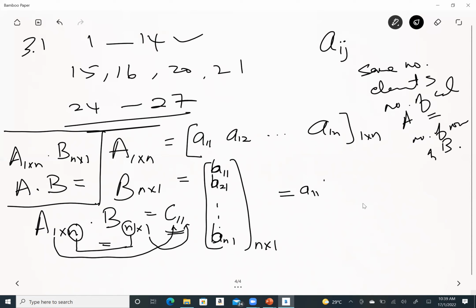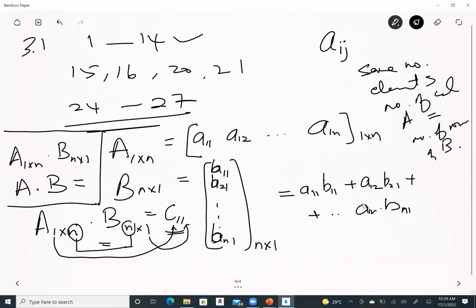So A11 multiplied by B11, plus A12 B21, and so on, plus A1N BN1. You add them up.